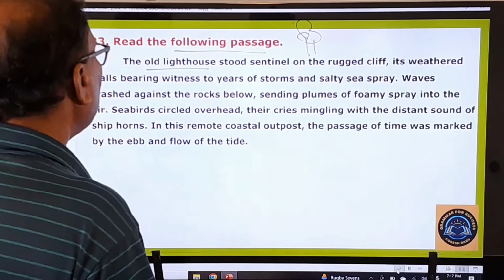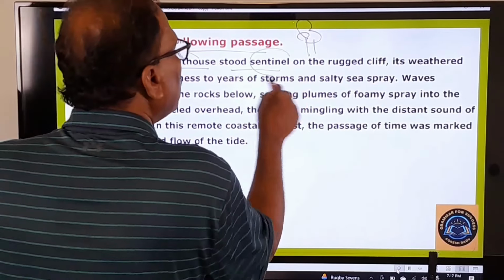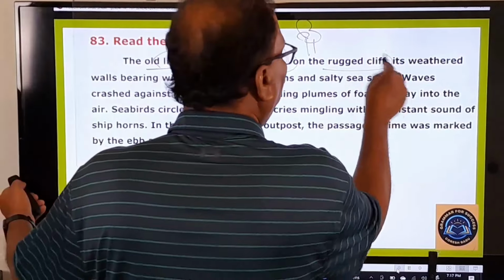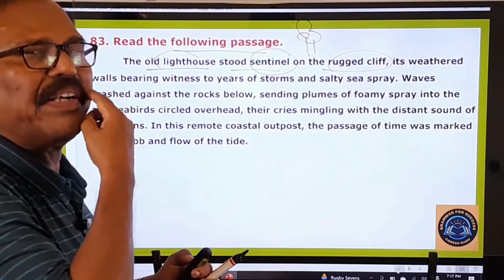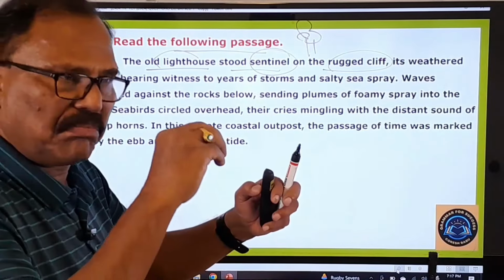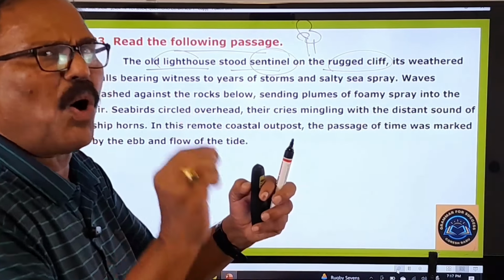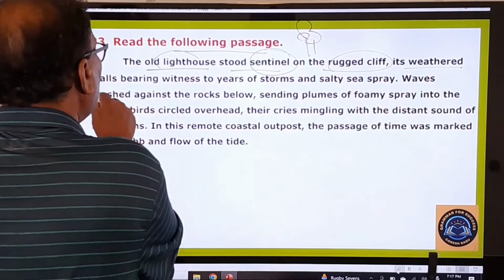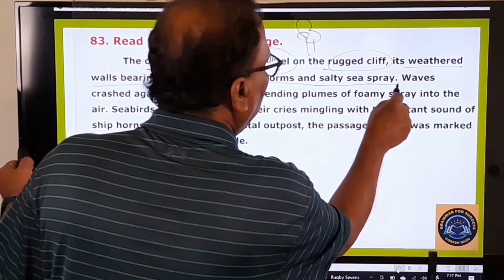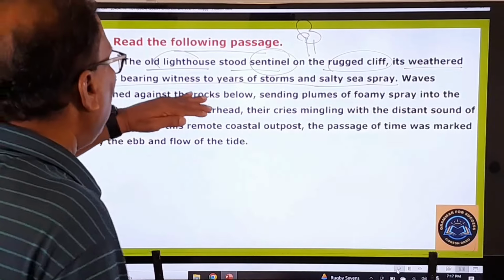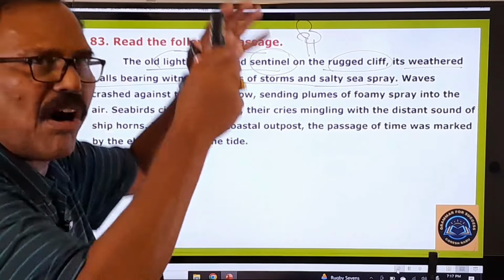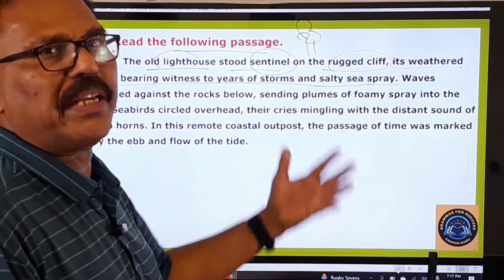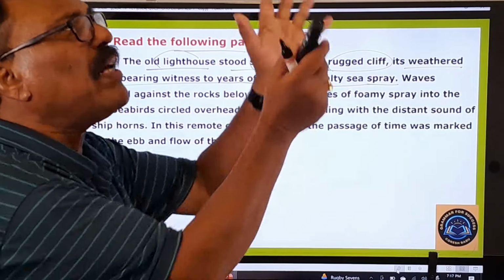So there's an old lighthouse that stood as a sentinel. Sentinel means it stood as a guard on the rugged cliff. Rugged means rough and tough. Cliff means a small mountain, chinna konda, right? And its weathered walls bearing witness to years of storm and salty sea spray. Its walls tell you that it has been there for so many years because it has been exposed to weather.